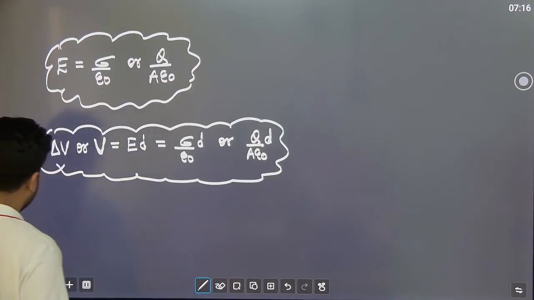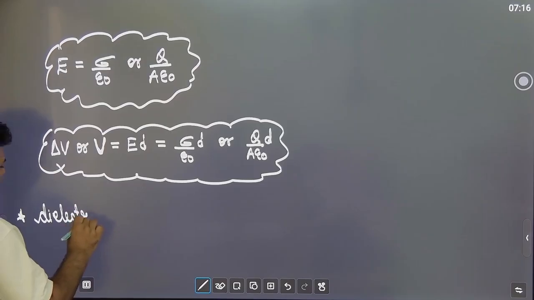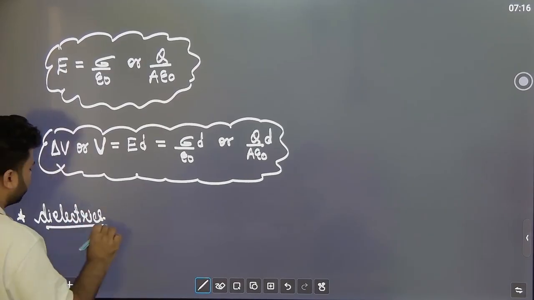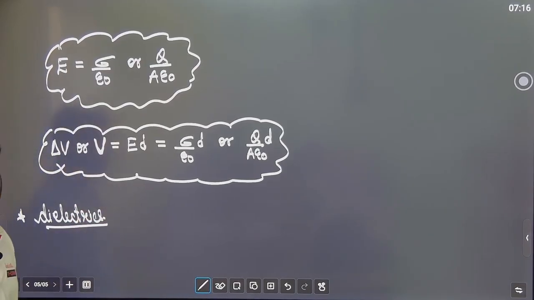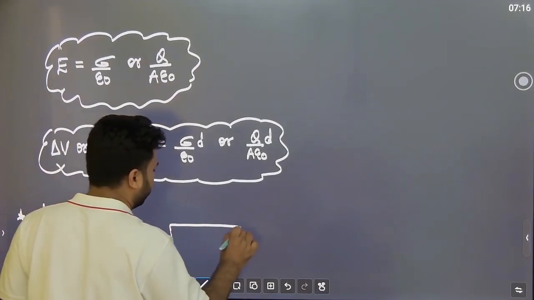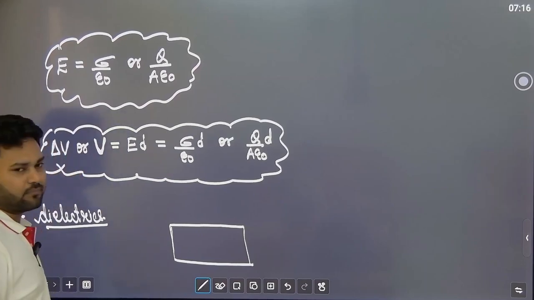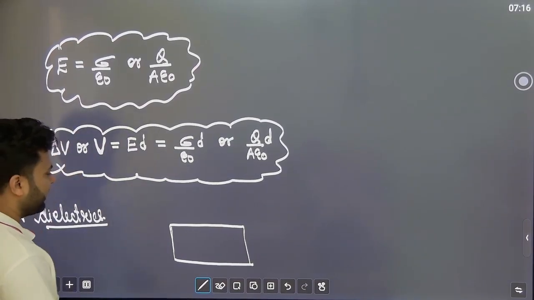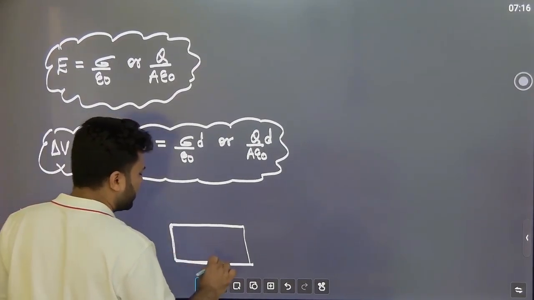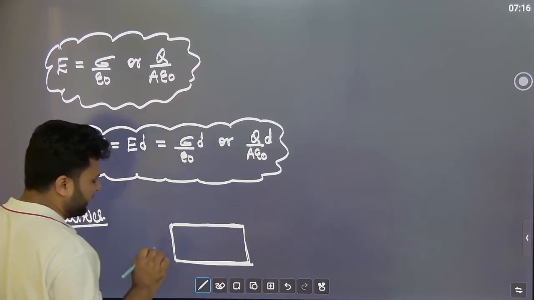Now, in conductors, we have the concept of dielectrics. Suppose there is a medium, like this is a dielectric medium, for example. In conductors we had this concept, that's why I'm not going into much depth.